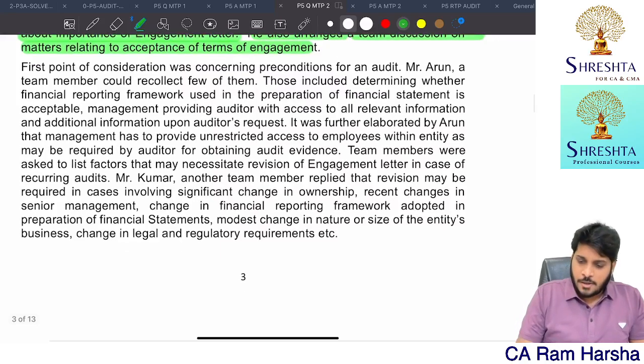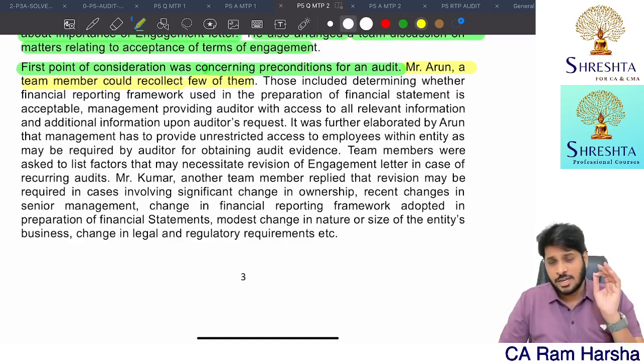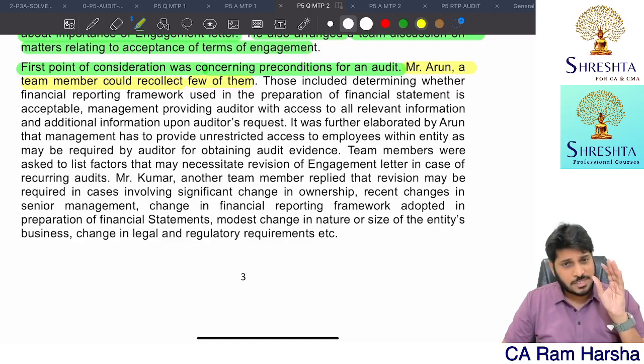The first point of consideration was concerning preconditions for an audit. Mr. Arjun, a team member, could recollect a few of them. What are the preconditions to audit? Acknowledgement that the financial statements are prepared in accordance with the applicable framework. Management is responsible for design and implementation of internal control so that the financials are free from material misstatement.